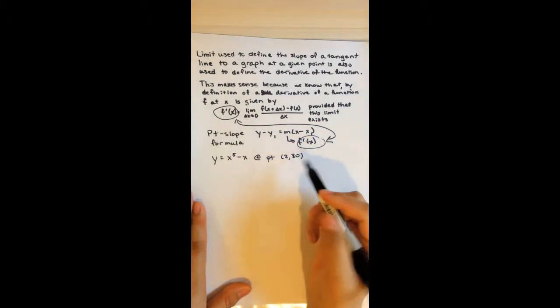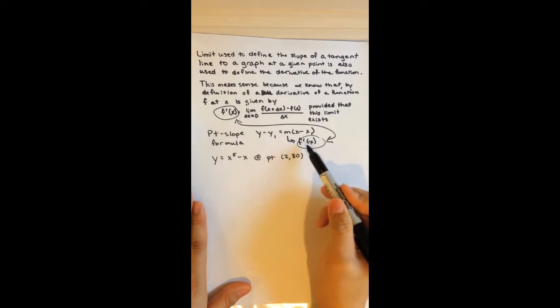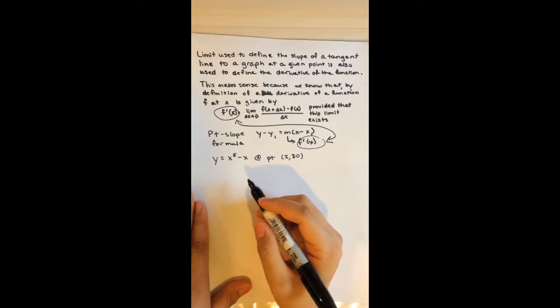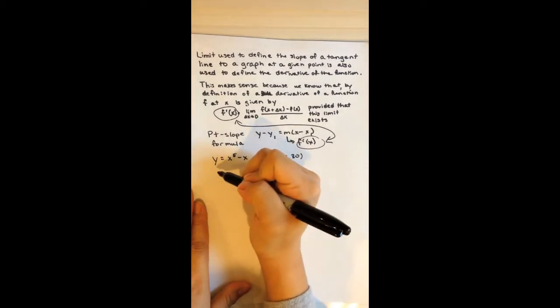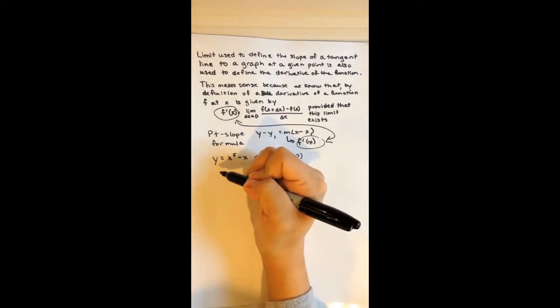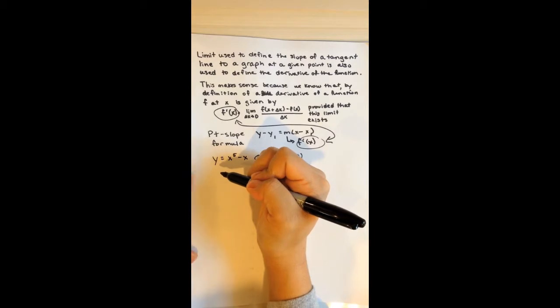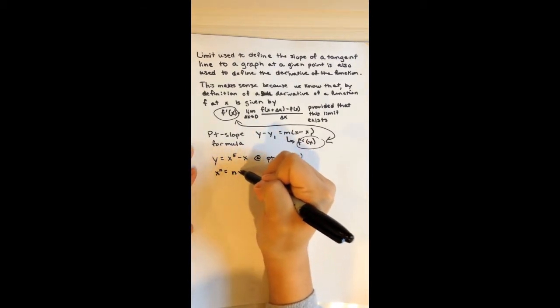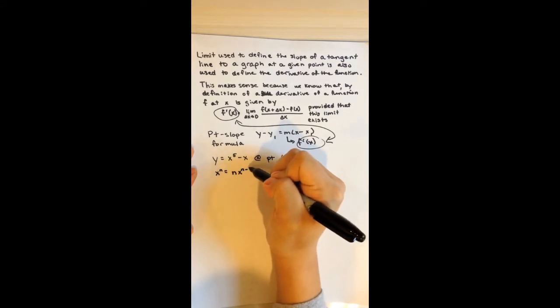The way we are going to find the slope, or this derivative of the function, is using something called the power rule, which basically says that any power of x, x to the n, can be differentiated to n x to the n minus 1.